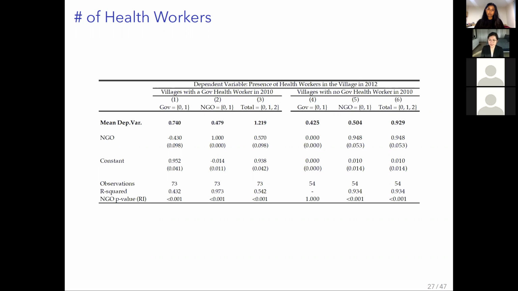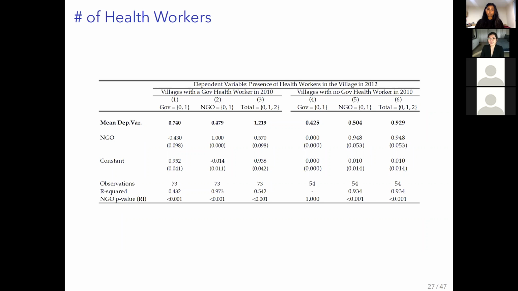Column 2 says that when the NGO enters a village, the number of NGO health workers goes up by 1. So what that says is every village that the NGO enters, it successfully hires a health worker. Column 3 is the total number of health workers, and this is mechanical. It's essentially the effect on NGO workers minus the effect on government health workers. So not surprisingly, you see 0.57.